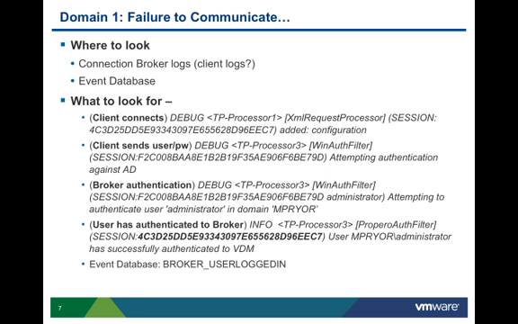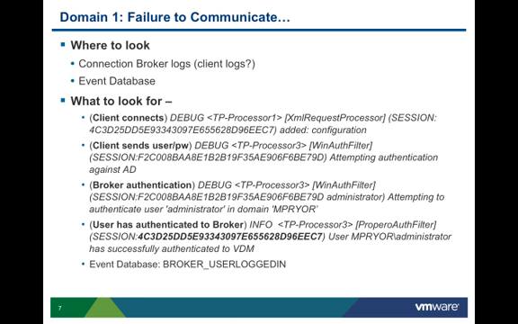Once the View client has that configuration information, the user may enter their username and password to authenticate to the connection broker. And on the connection broker, you will see the line where it says client sends username password, attempting authentication against Active Directory. Here you can see that the connection server successfully received the user's username and password.